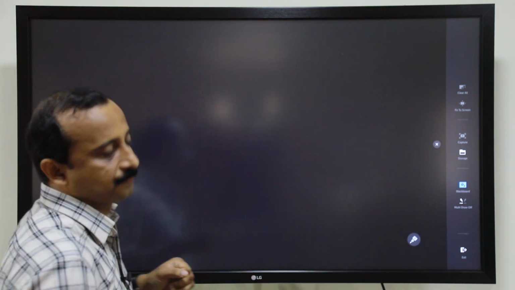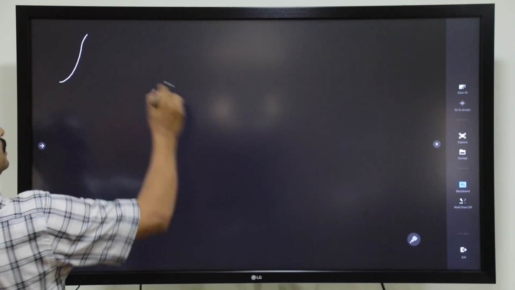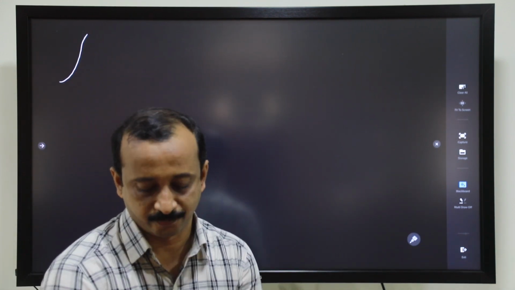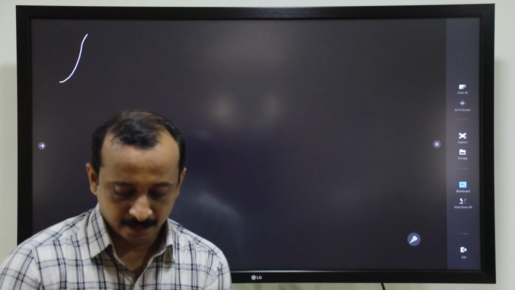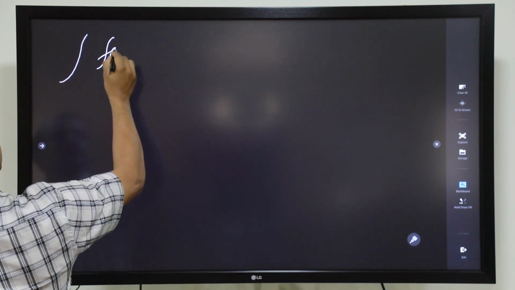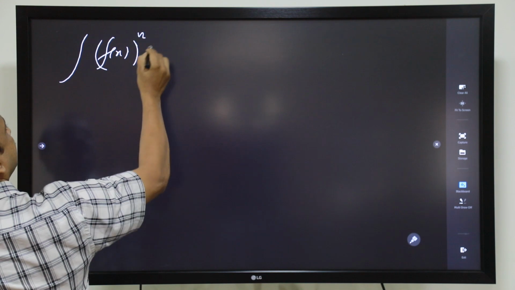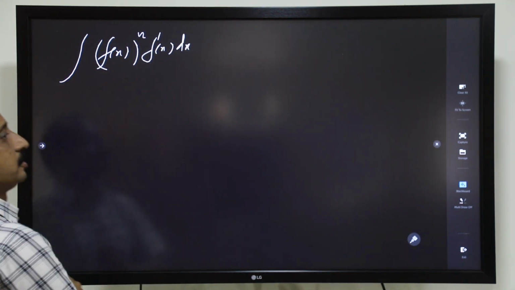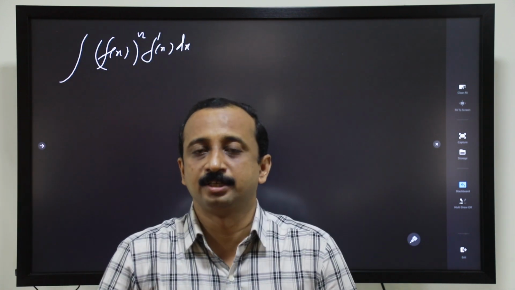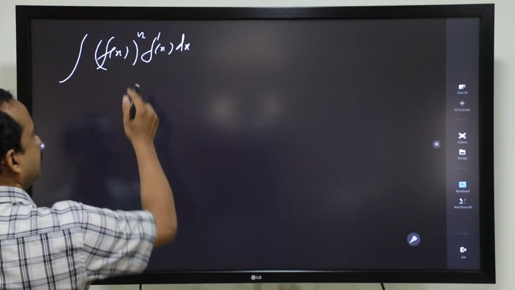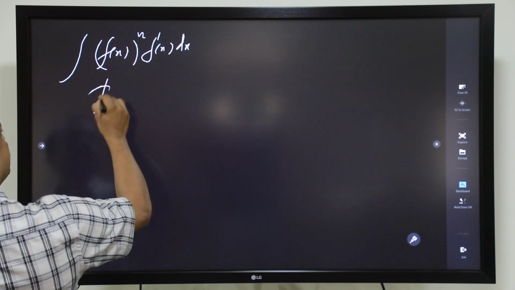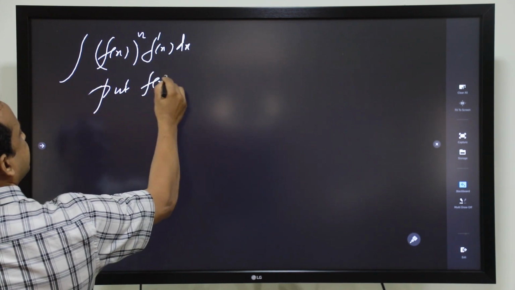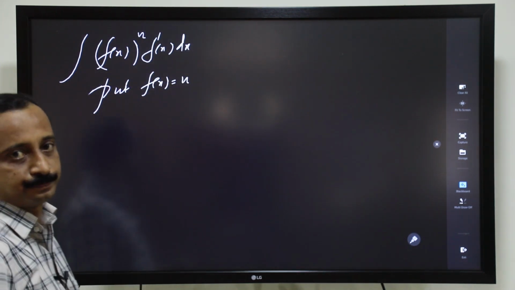Okay, now we start our next section. If a function is of the form integral of f of x the whole raised to n into f dash x into dx, in this form, first of all, we put f of x is equal to u.